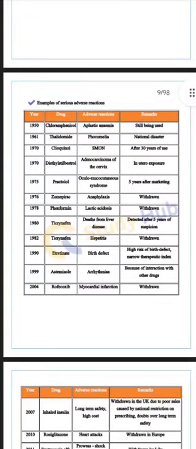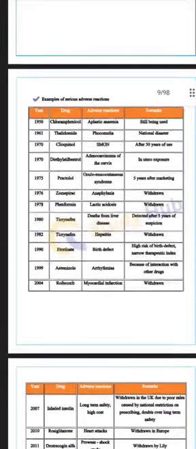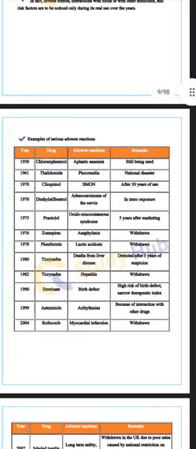This table includes examples of serious adverse drug reactions. Some of the examples: in 1950, chloramphenicol causes the adverse drug reaction aplastic anemia. Remarks: it is still being used. And then in 1999, acetaminophen is used.